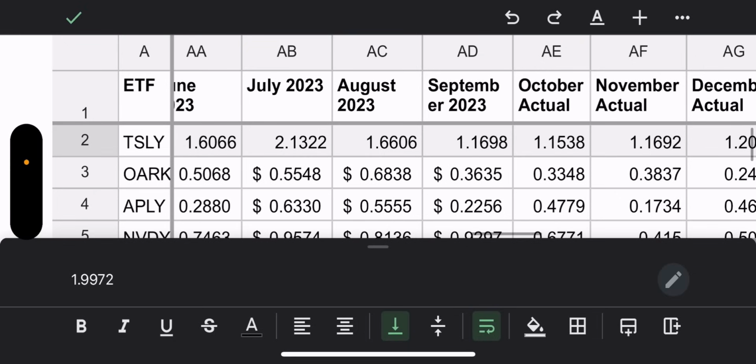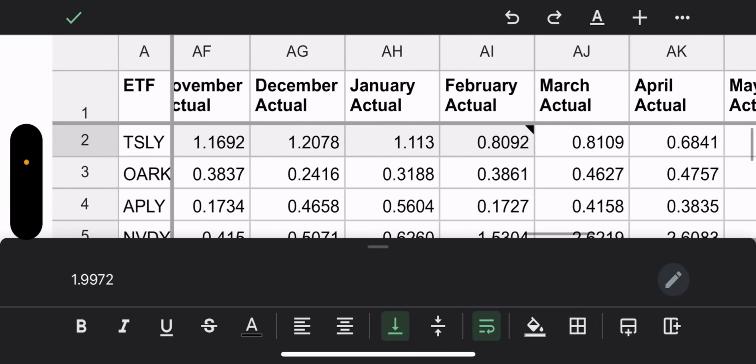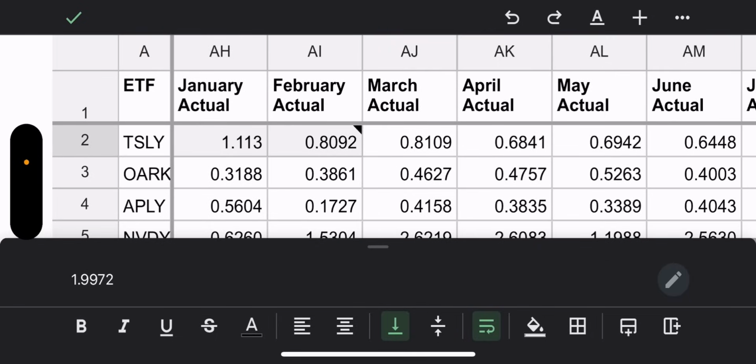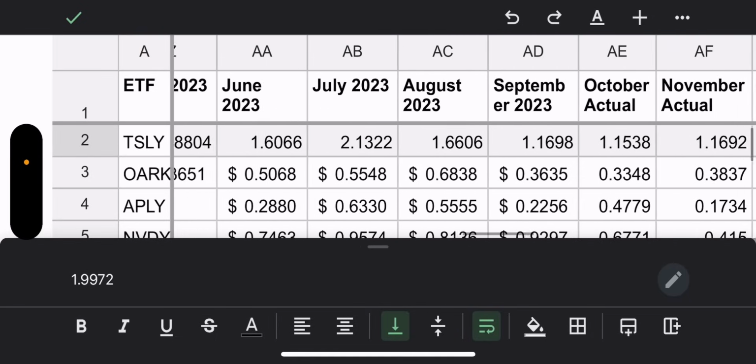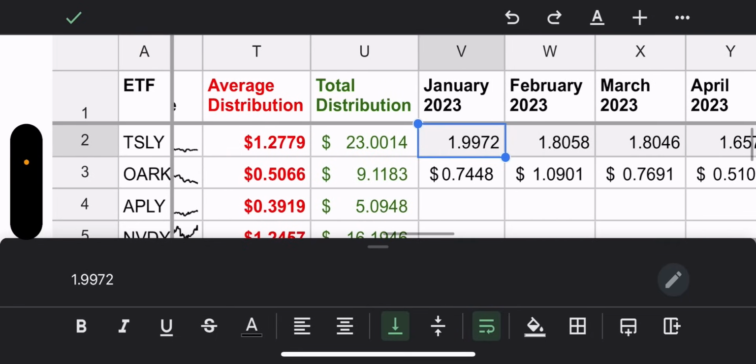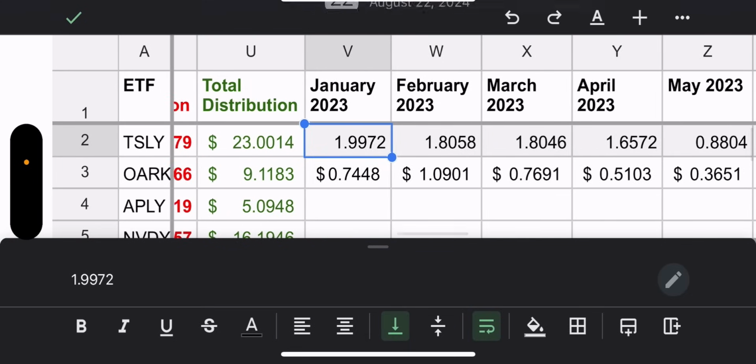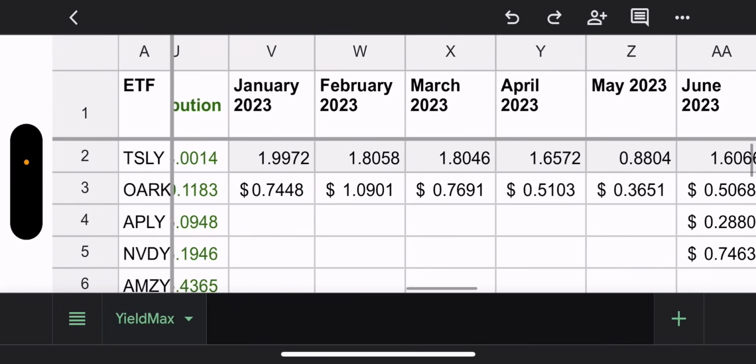Anything in gray here is going to be pre reverse split, and post reverse split you can see how it's performing. So if we look, you can see the true distribution, what it would look like, and did they actually start decreasing the payment.